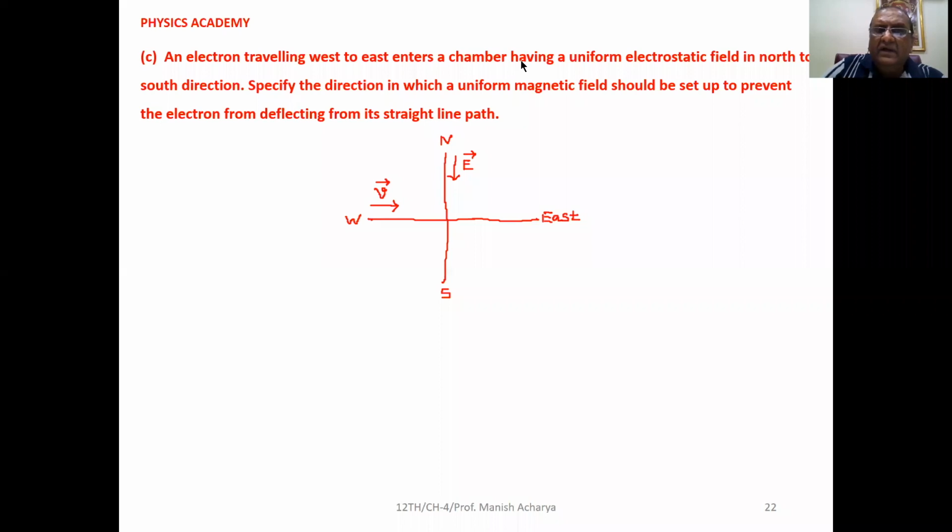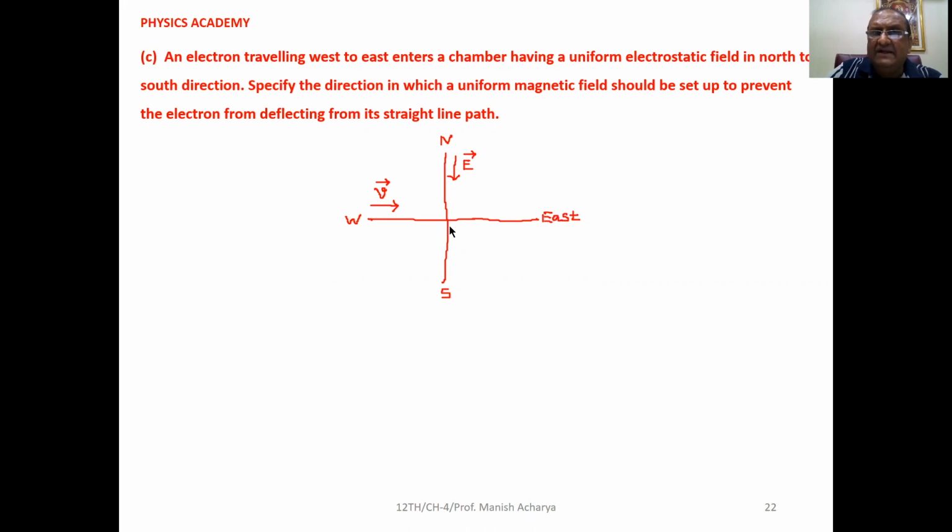Clear? Now see, the particle is an electron, a negatively charged particle. And we know that when a negatively charged particle is under the effect of the electric field, the force acts on it in the opposite direction of the electric field. So here, due to the electric field, the force on the electron will be towards the north.